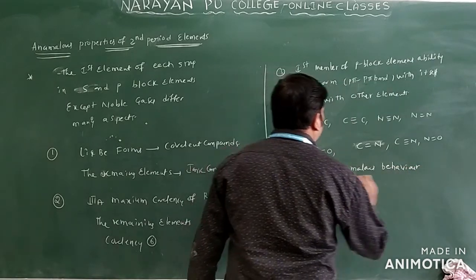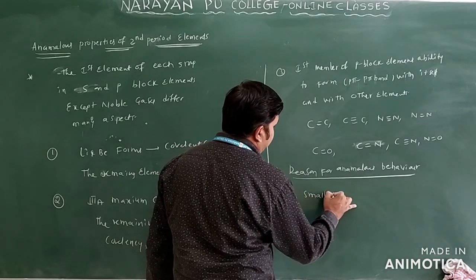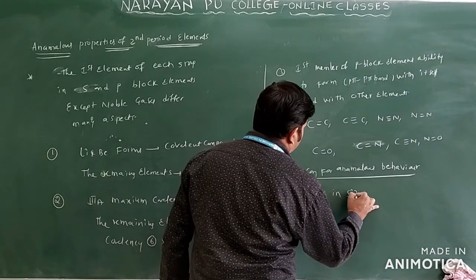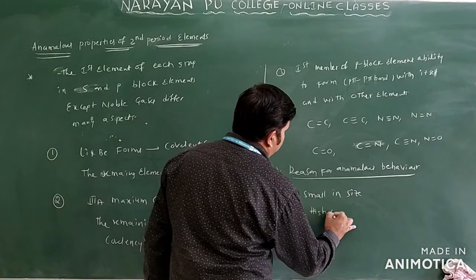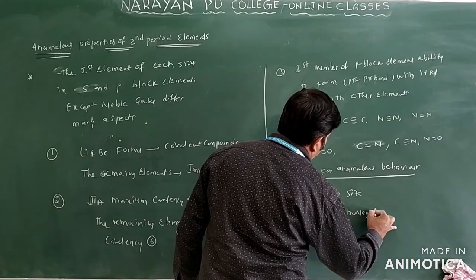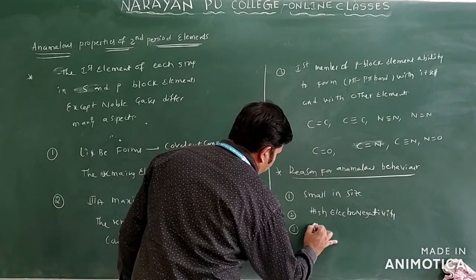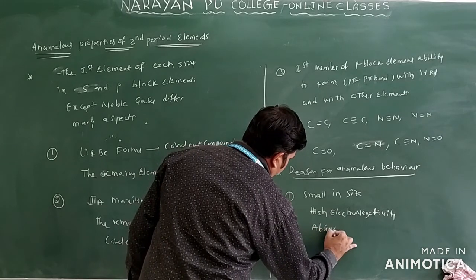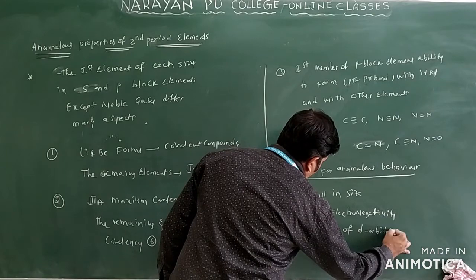I will write the first point here: because they are small in size, and one more, high electronegativity, and one more, absence of d orbitals.